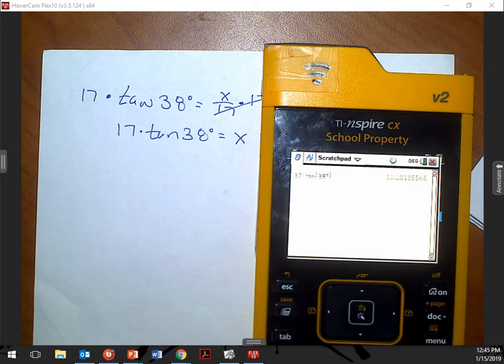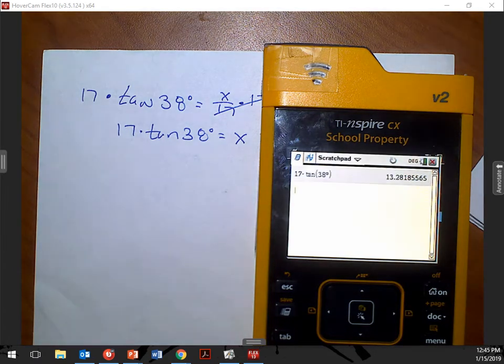Okay, so hit enter. So what should my answer be? 13.3. Okay, because it's 2, 8, right? Yes. So the way I learned it is by using the numbers instead of the tangent of the. Okay. Yeah, that's fine. Same thing.